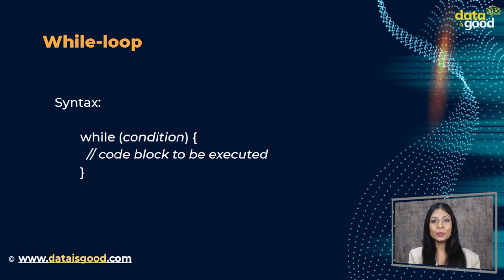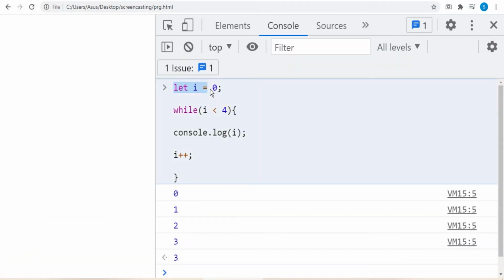Example of while loop: let i = 0; while (i < 4) { console.log(i++) }. Output: 0, 1, 2, 3. This example states how a while loop works. First, we declared and initialized the variable to 0.